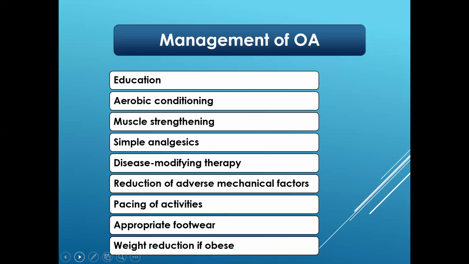Then reduction of adverse mechanical factors. It's important to address physical aspects or conditions that may worsen the patient's symptoms or impair function. For example, an individual with flat feet is provided with specific exercises. This will help to reduce mechanical stress on their knees and hip. Pacing of activity.